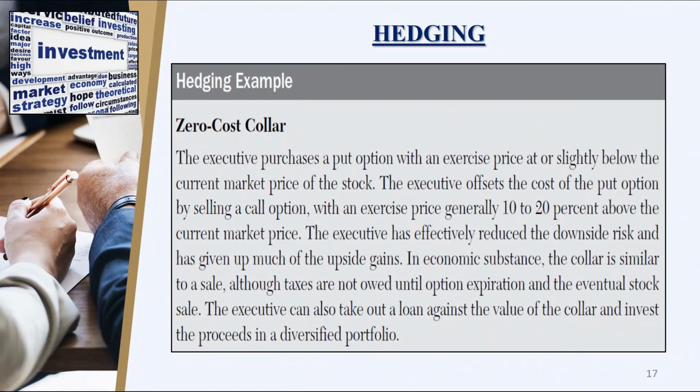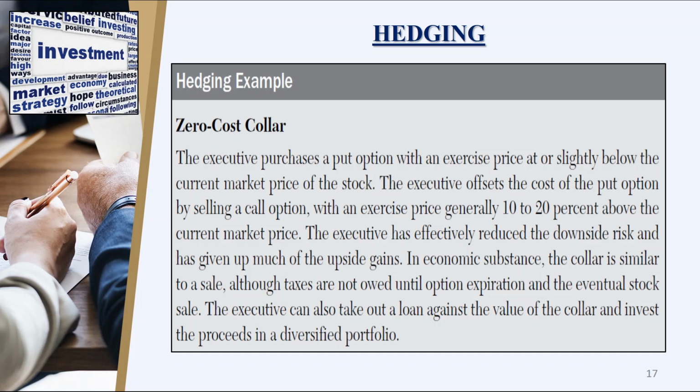Now I'll discuss a hedging example with you, that is the zero-cost collar. The executive purchases a put option with an exercise price at or slightly below the current market price of the stock. The executive offsets the cost of the put option by selling a call option with an exercise price generally 10 to 20% above the current market price.